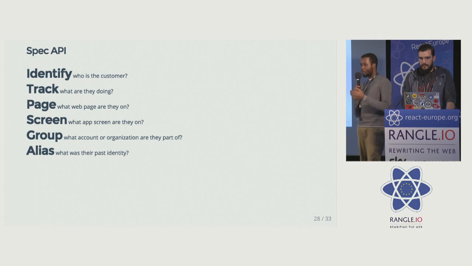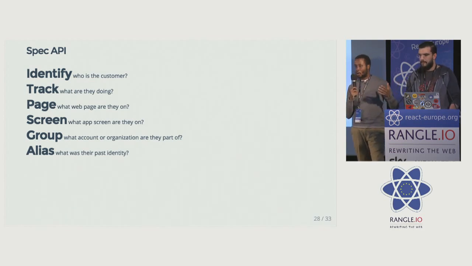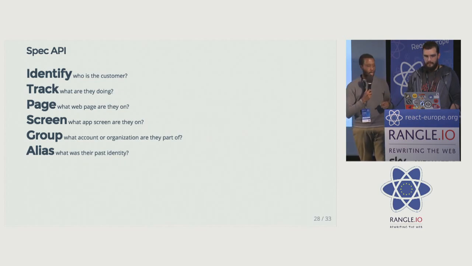Here's an overview of the API. You have identify, which is your typical call whenever you know details about the user, personally identifiable details sometimes. Sometimes it could be just a trait. There's the generic track. This is the most flexible, custom type of event tracking. This is for essentially any other event that doesn't fit within the rest of the categories.